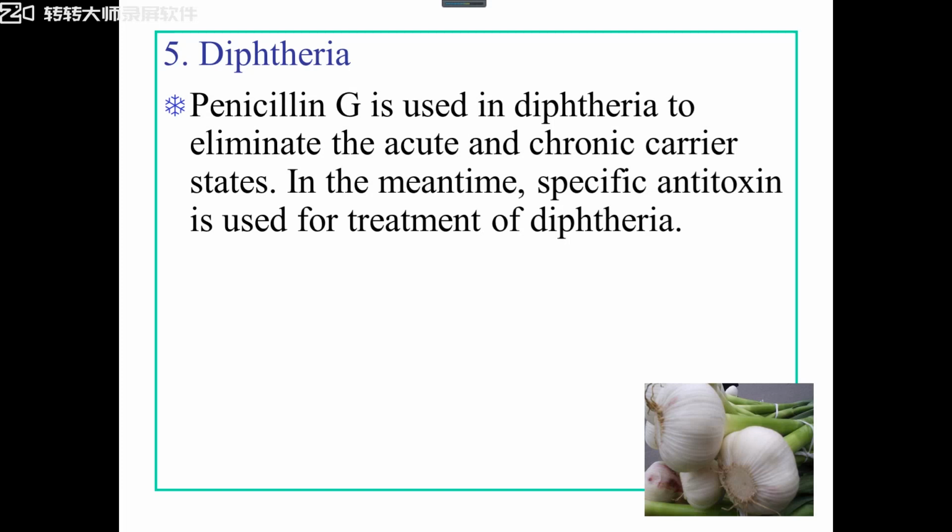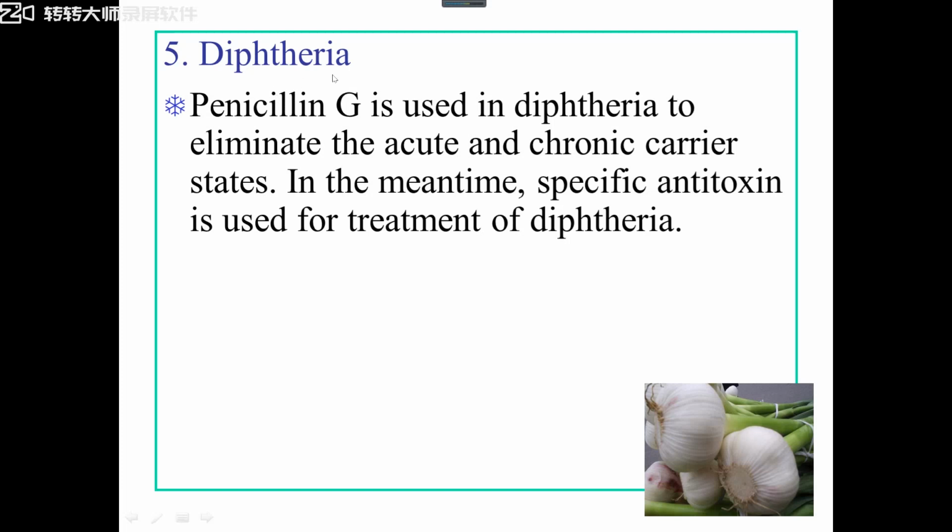Diphtheria rarely occurs now because I'm sure when you were a young child, each of you was injected, maybe in your country you call this DPT. You were injected with antitoxin when you were a young child, and so diphtheria rarely occurs.